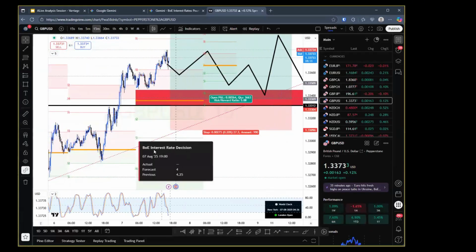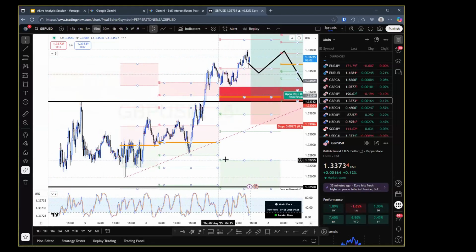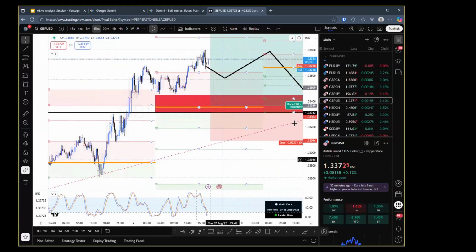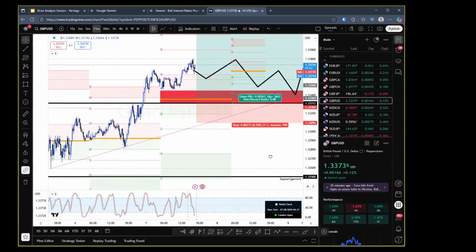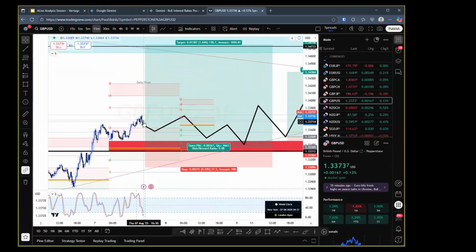This is your interest rates decision, which is coming up in about 2.5 hours. So that would be your catalyst. What catalyst would that be? If it remains at 4.25%, or even if it's at 4%, I would say there'll be a short push up and then down from there.